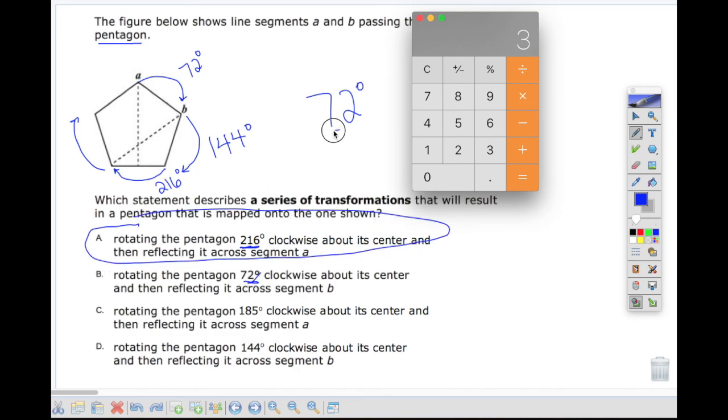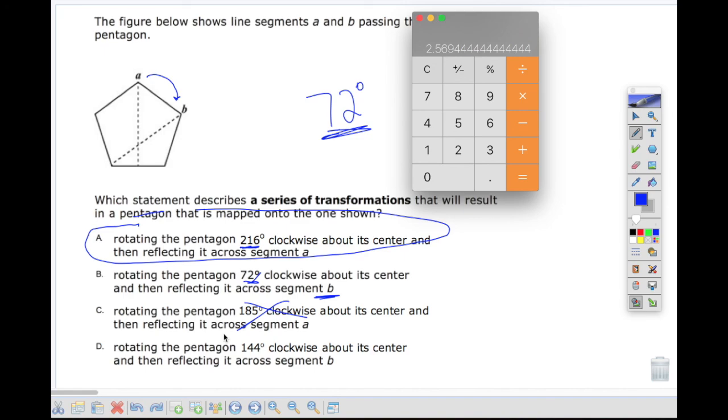This one says 72 degrees, and we know that 72 degrees is the degree of rotation. 72 degrees clockwise would rotate it onto itself, but B is not a line of symmetry, so that would not be the answer. 185 degrees, if I divide that by the 72 degrees that I know is the degree of rotational symmetry, that is not even, so that tells me that 185 is not going to give us a congruent shape.